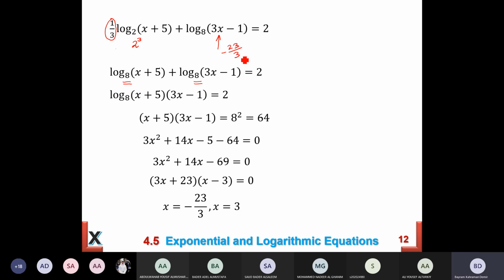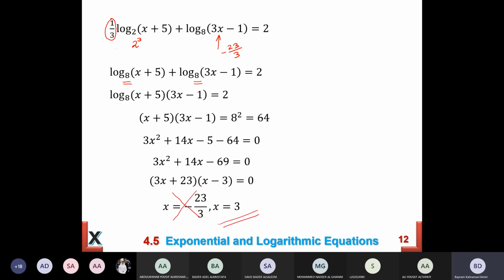If you replace it with negative 23/3, then logarithm of negative numbers will be undefined, right? So negative 23/3 is rejected, but 3 is the only solution for this equation.